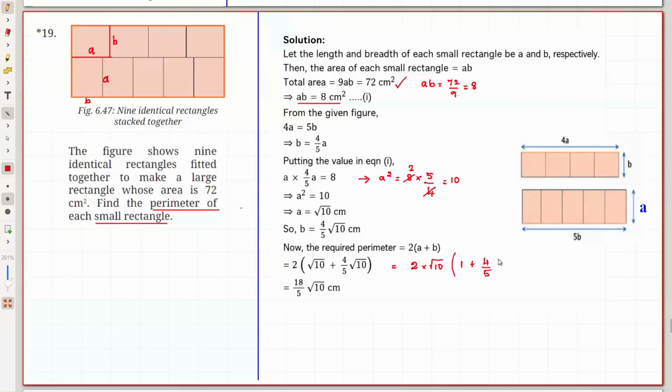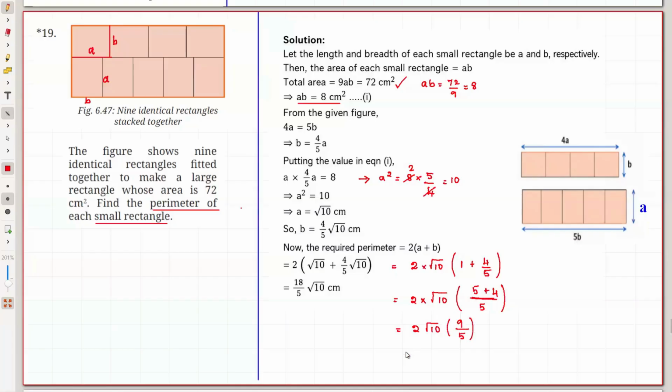Now just simplify it. 2 into root 10, and take the LCM as 5. Cross multiply: 1 times 5 is 5, plus 4. Now this is equal to 2 root 10 into 9 by 5.